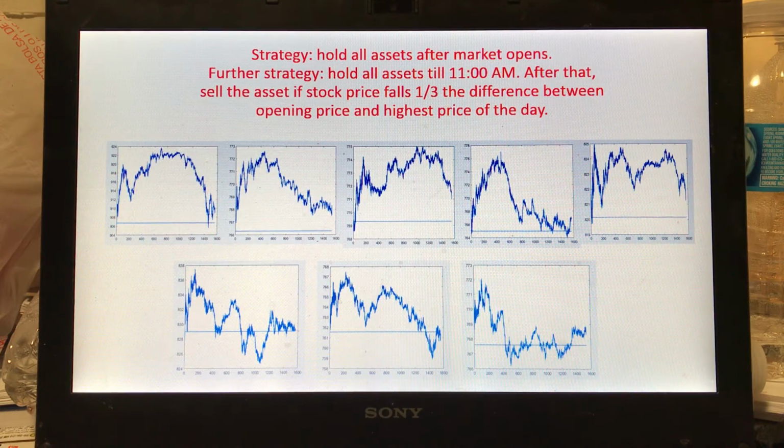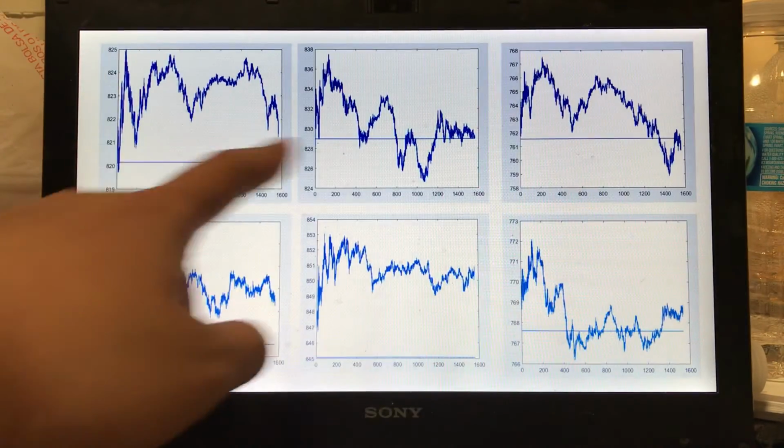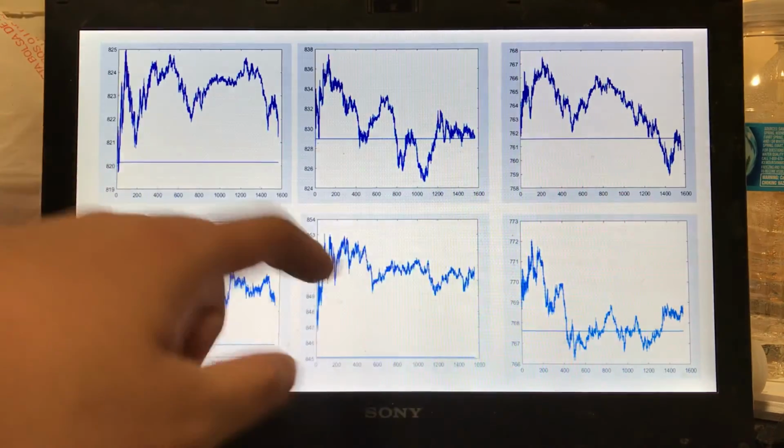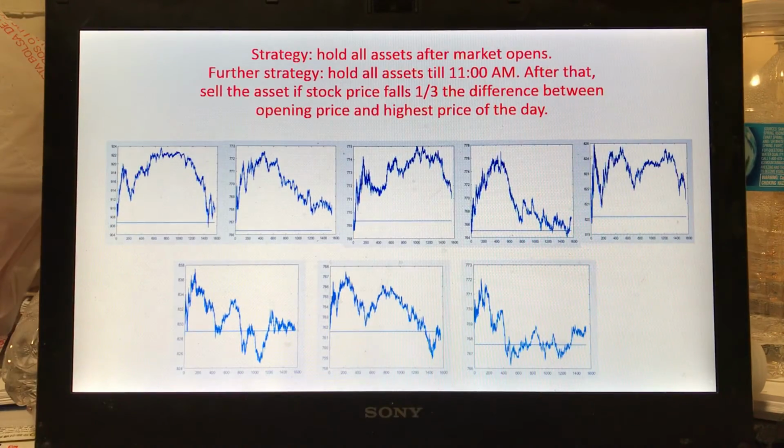And for these cases we just mentioned, please make the judgment using your own experience, your own judgment, and the market trend. And our further strategy is that we hold all the assets till 11 a.m. And after that, we shall sell the asset if we see a big drop in the share price.